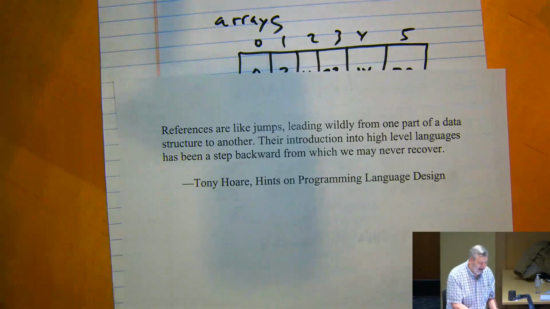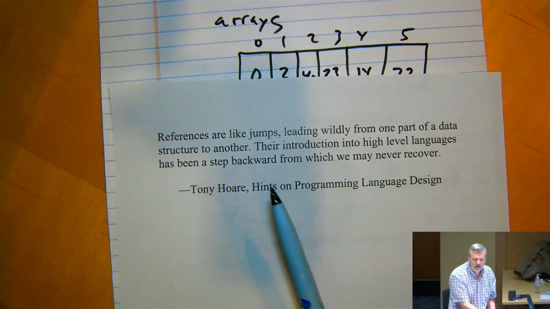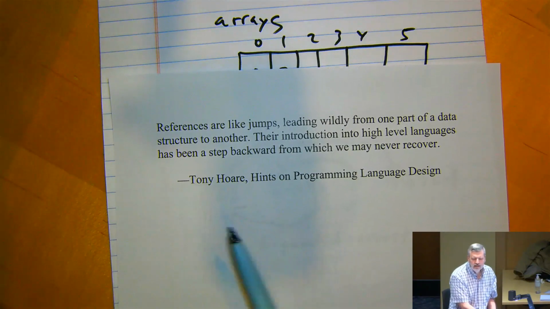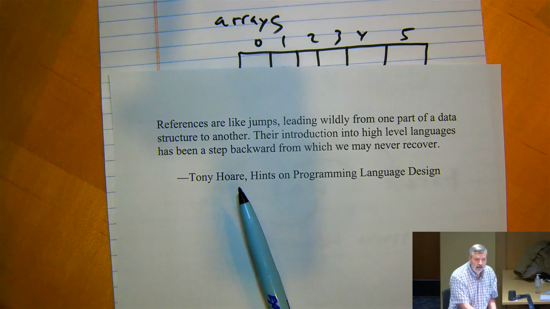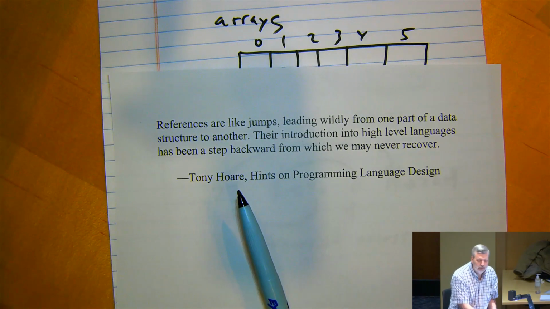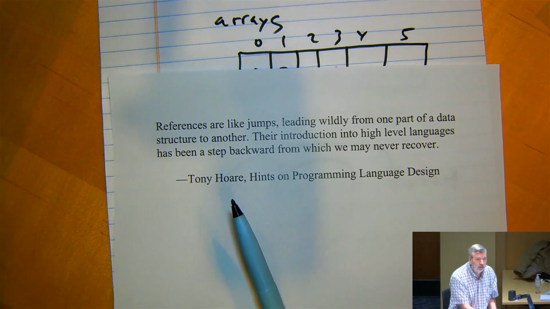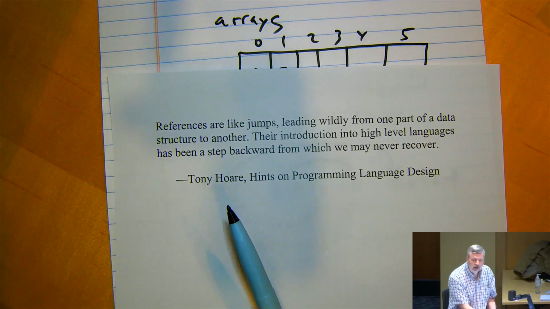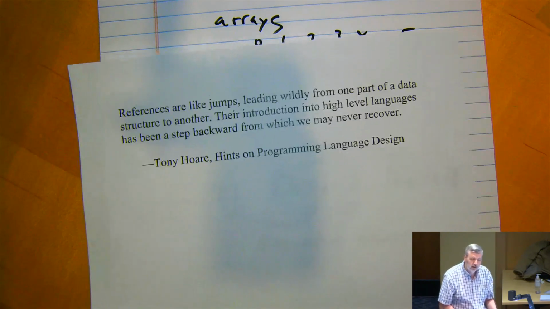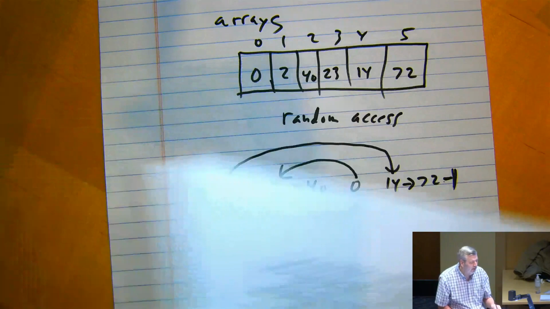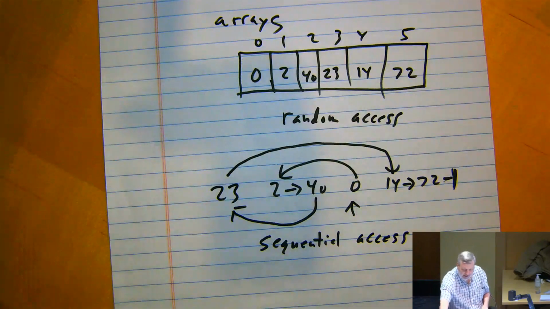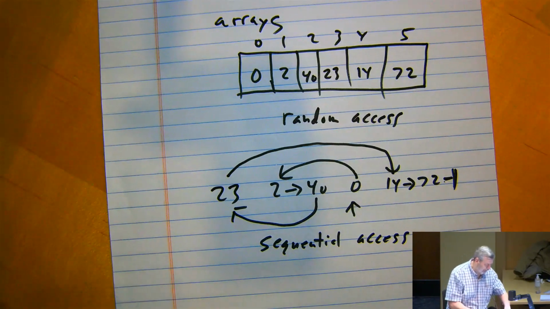Tony Hoare does not like the idea of creating a data structure using references. He's a famous computer scientist. He's famous for having come up with the algorithm known as quicksort, which is probably the most commonly used sorting routine in the world. So anyway, Tony Hoare, not a fan. I thought you might find that interesting.